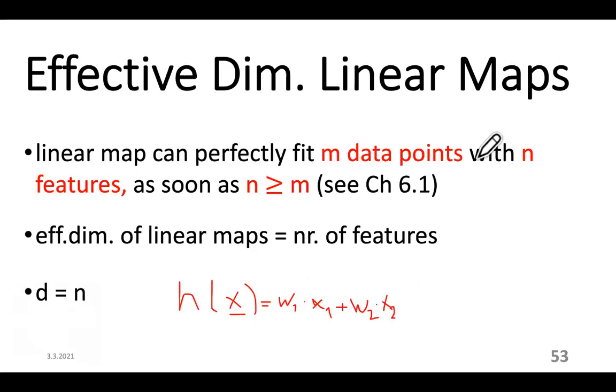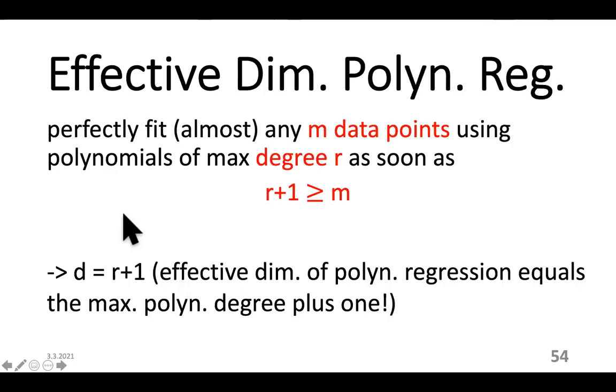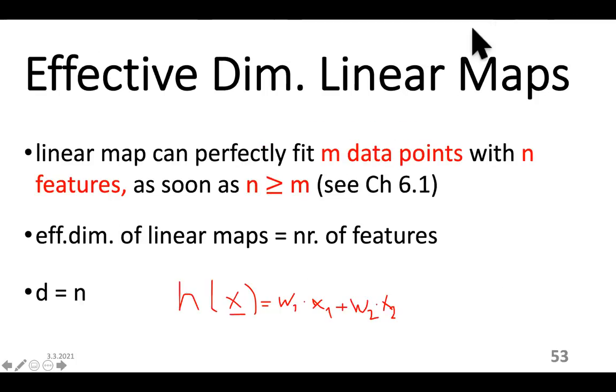It turns out that the effective dimension of this linear space is equal to the number of features. This is related to the fact that whenever you take n linearly independent vectors of length n and stack them into a matrix, the matrix will be full rank with probability 1. So this is a result from linear algebra, essentially. I have explained this in more detail in the book.